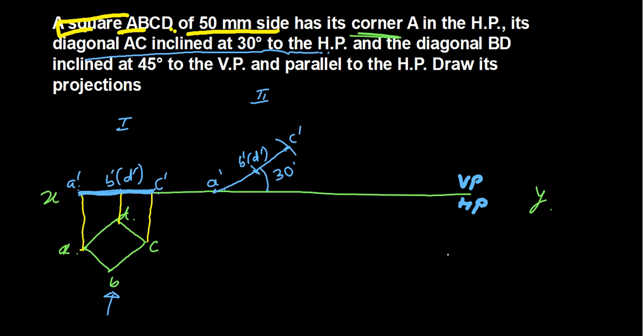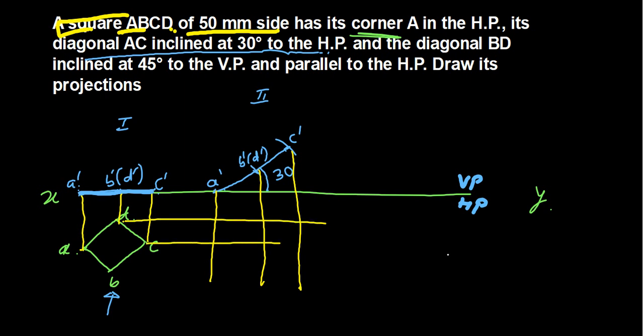Now similarly, make all these points projection towards the downward, and also from the top view make the projection lines towards the right side. With thin lines you can make projections.